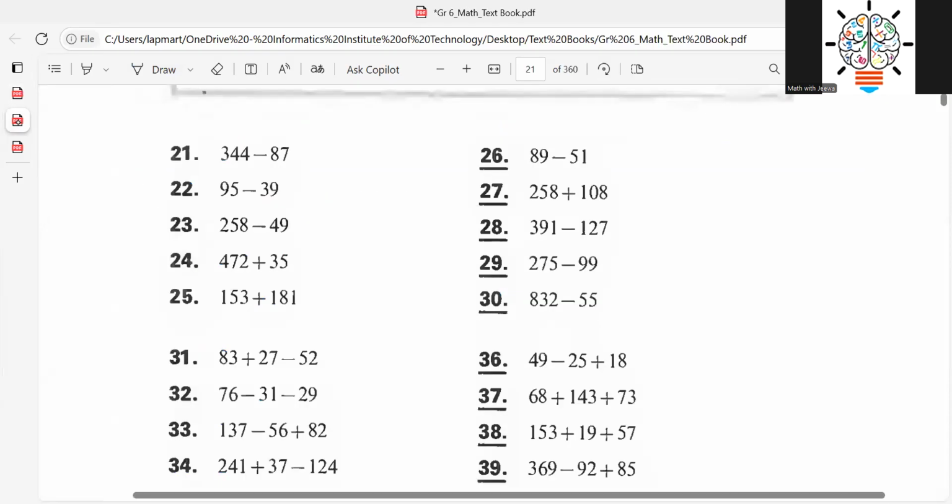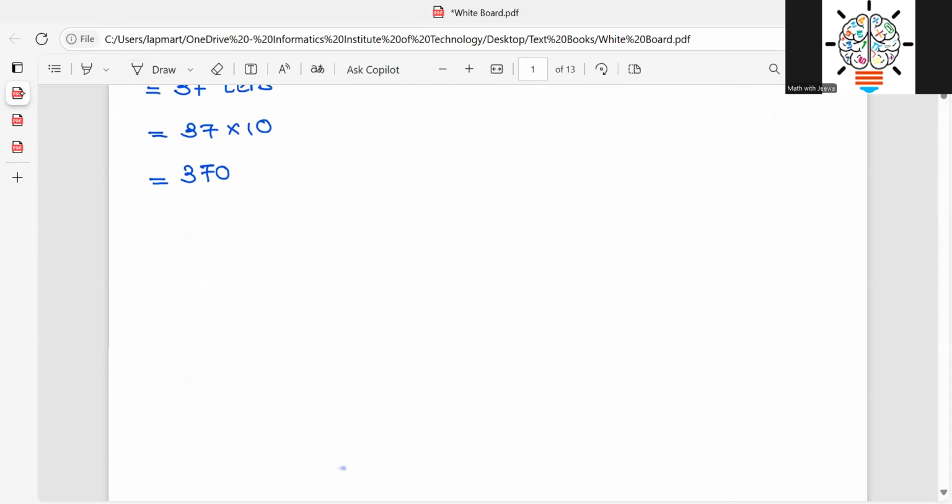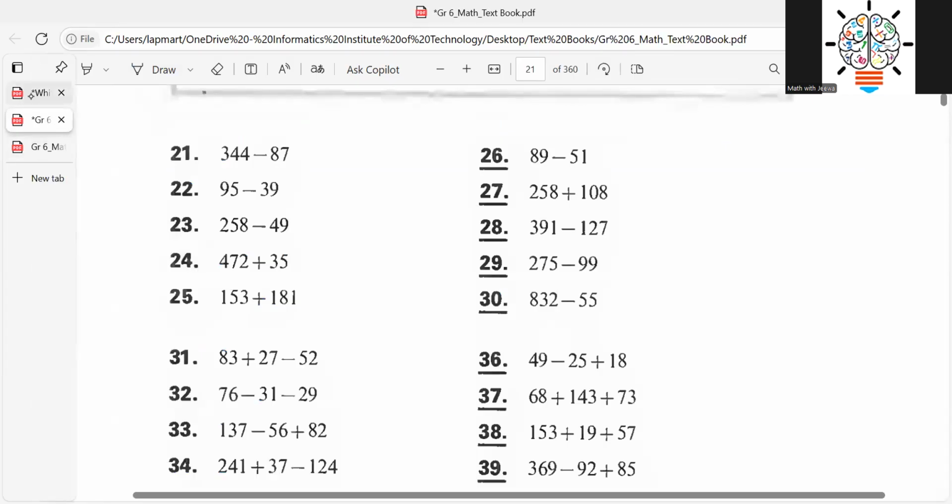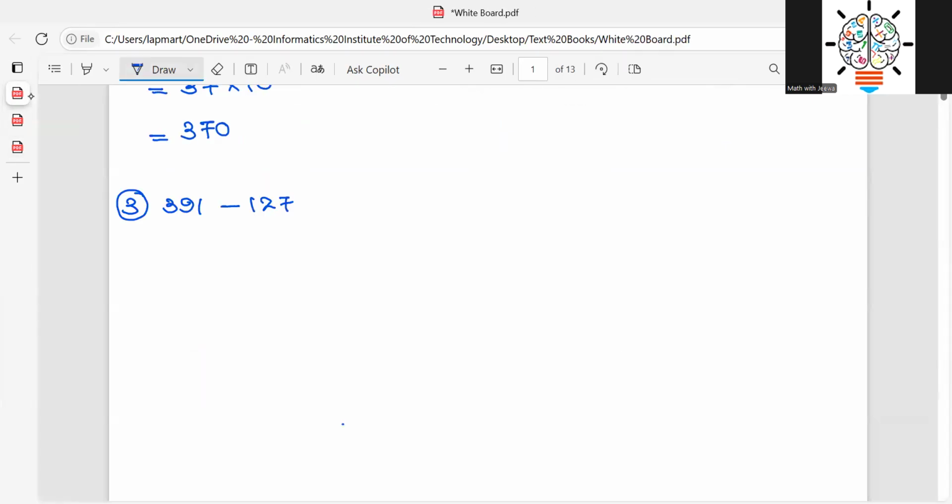So then the next one, 391 and 127. I double check: 391, 127. Now this time I won't explain; we just see whether I'm doing it correctly.